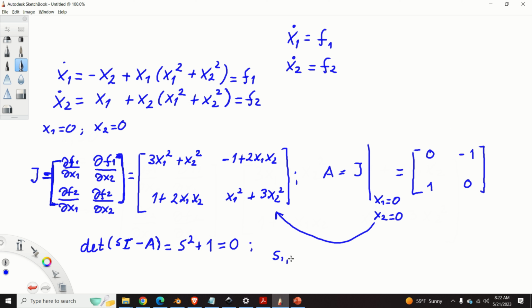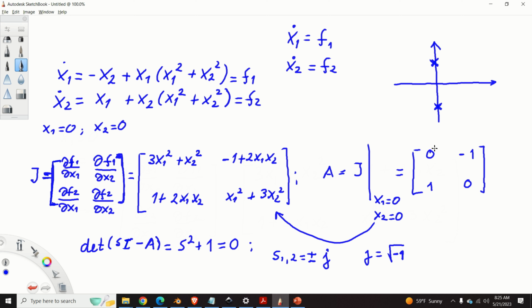The eigenvalues are obviously plus minus j, where j is the imaginary unit. Okay, obviously the equilibrium point of the linearized system is stable. This is because the eigenvalues of the matrix A of the linearized system are over here. They're on the imaginary axis.